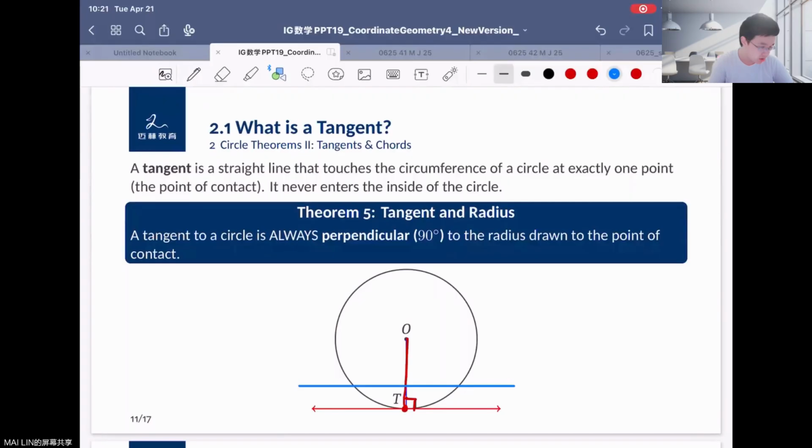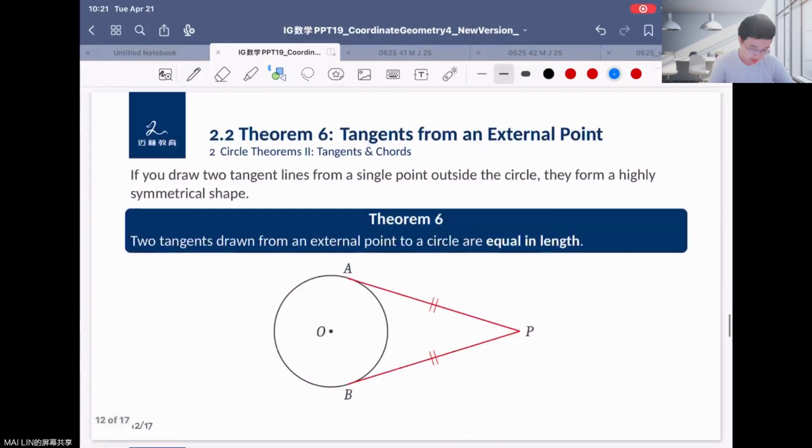Next is theorem 6, about the tangents from an external point. Here we have an external point P, and we also have two tangents, A and B. So there's a point outside of the circle, and we can draw two tangents.